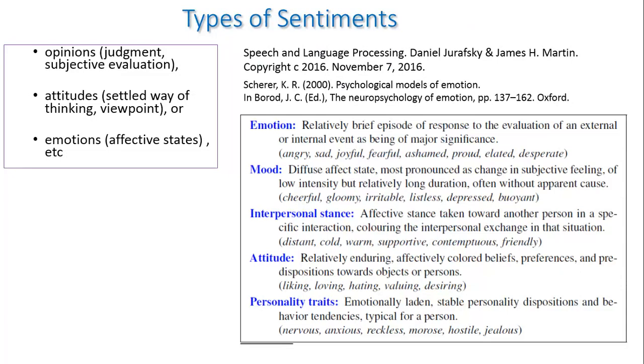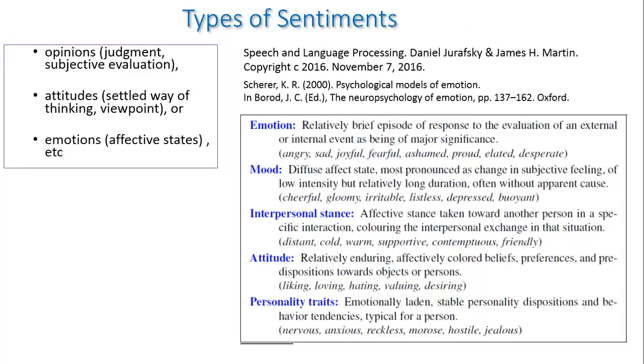You will see this list being talked about and used a lot in sentiment analysis, but I want you to be aware of the problems with directly taking a list of psychological traits and applying them to sentiment analysis.